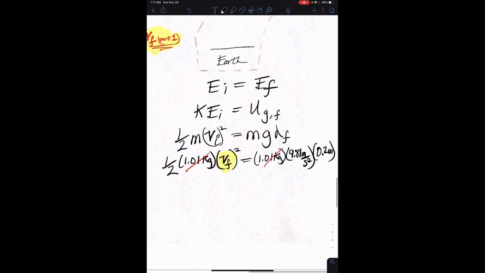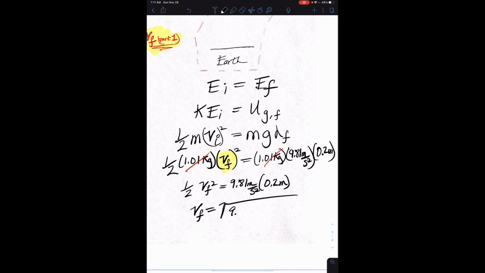So we can then say, let's just rewrite. This is kind of tough to look at. All right, so let's do a little math here. Multiply both sides by 2, and then square root. So I think we're going to end up getting VF is equal to the square root of 9.81 times 0.2 times 2.